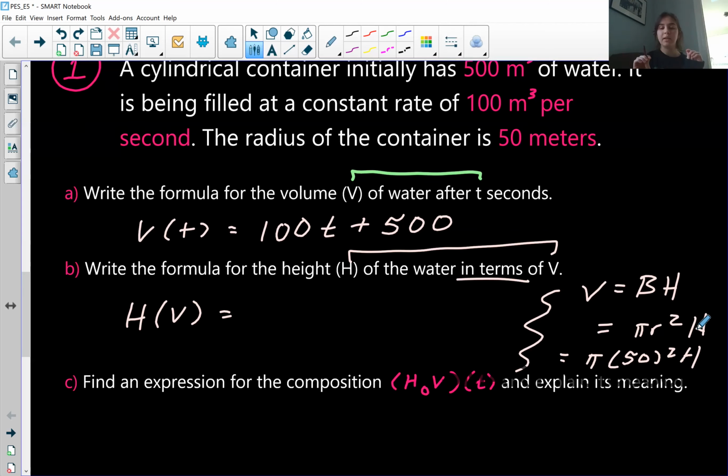Okay, so we just related volume and height, but we don't want volume to be the dependent variable. We want it to be in terms of volume. So basically what we're going to do here, volume is going to be on the top. And then in the bottom of the fraction, we are going to have pi times 50 squared.